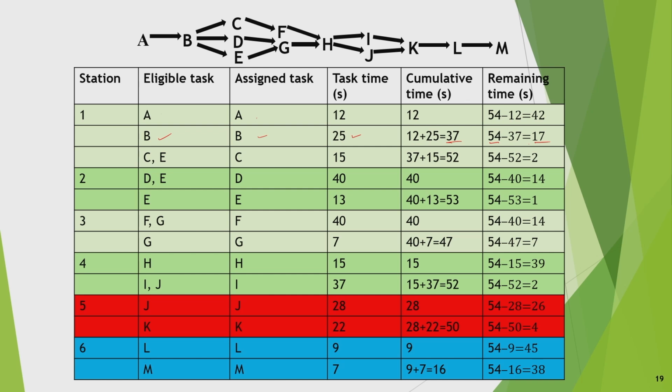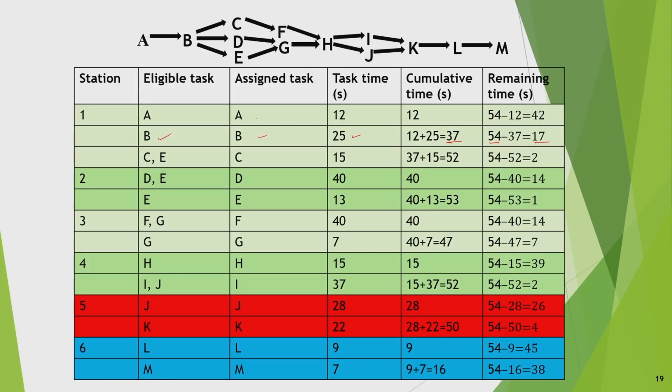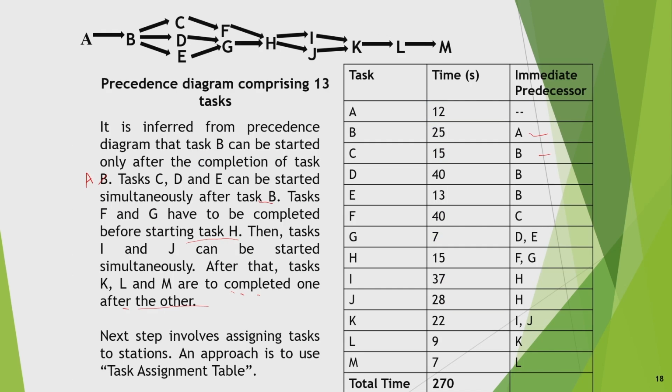Then I can assign C, and I can also assign E. I cannot assign D here, because D takes 40 seconds, but I have only 17 seconds left. So I can assign either C or E. Both are eligible, but I am assigning C. Why?